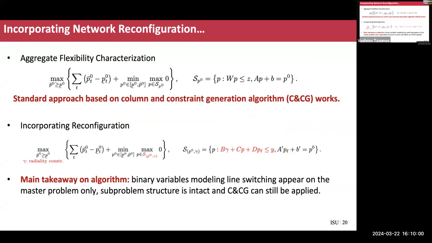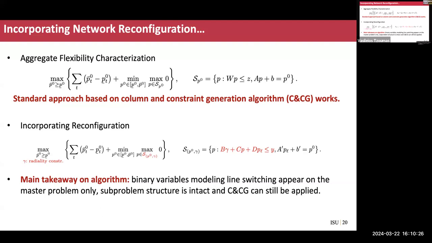If we look at this top formulation, where for simplicity we're just talking about the maximization of the hyperbox approximation, we want to make sure that we maximize this hyperbox such that for any point in this hyperbox, we have a disaggregation strategy, P, that ensures the network is feasible.